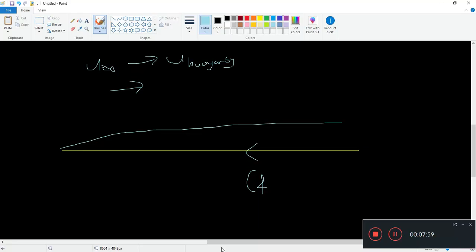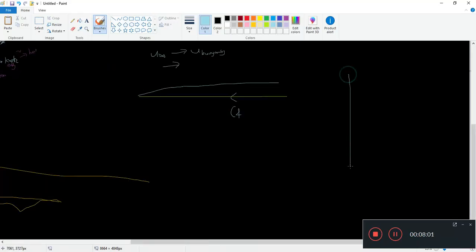So we have a wall convection case, and we have some Grashof number.